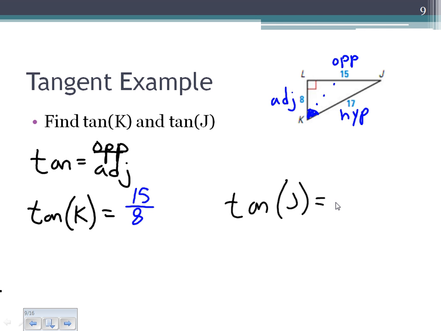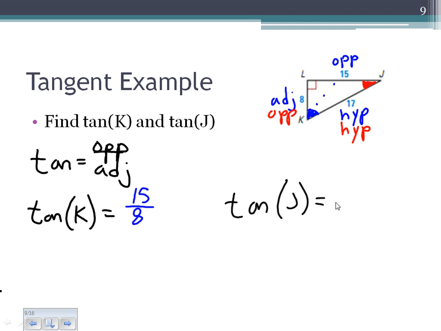Tangent of J. If it helps, highlight J. The hypotenuse is still the hypotenuse because it's still across from the right angle. However, what's the new opposite? 8. And what's the new adjacent, Stephanie? 15.